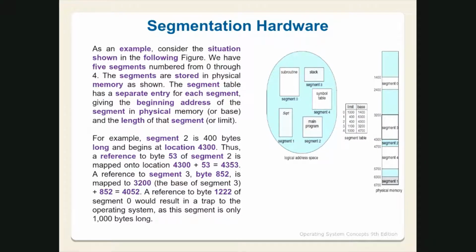It's above the limit. So when it is above the limit, you have a trap to the operating system. You get the idea? In this way, you can't access offset 1222 because it is above the limit. Fine, so that's about the example here.